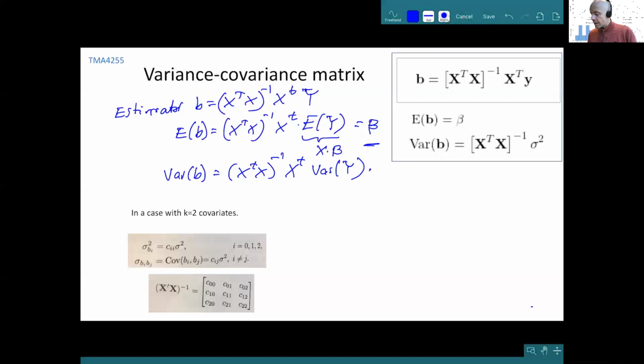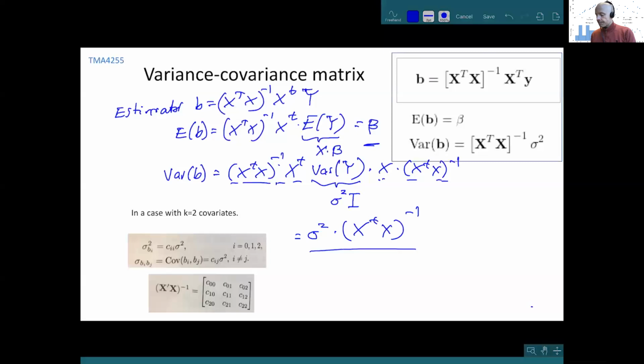And then here we get x transpose x inverse, where I have transposed the first part. And what was the variance of y? Well, that's sigma squared, the variance of epsilon, and they are all independent. So this is the identity matrix, no correlations. And when we plug in this, sigma squared comes outside. We see that one x transpose x cancels with this inverse. And then we have, in the end, sigma squared times x transpose x inverse.